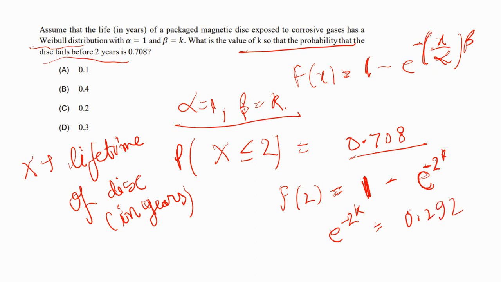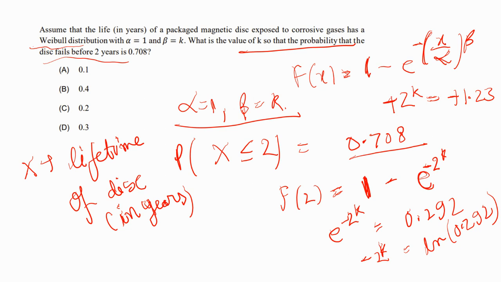Now you can solve it by taking minus 2 to the power k is equal to ln of 0.292. So ln of 0.292 is minus 1.23. So minus 2 to the power k is minus 1.23. So 2 to the power k is 1.23.